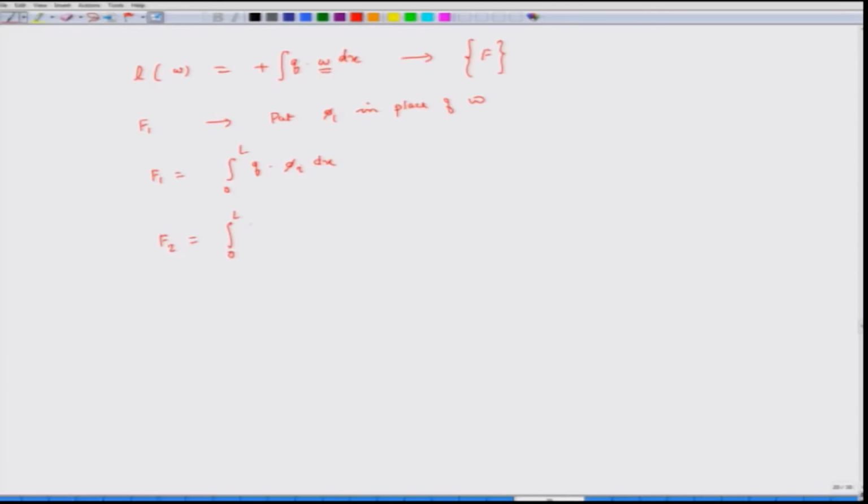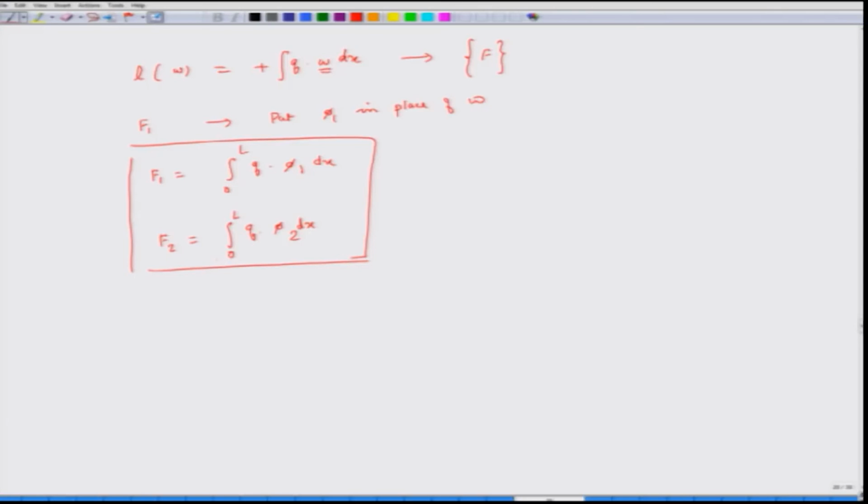So, it is the integral from 0 to L of Q times phi 2 times dx. So, here I is 1 and here I is 2. So, these are the definitions of F1 and F2.